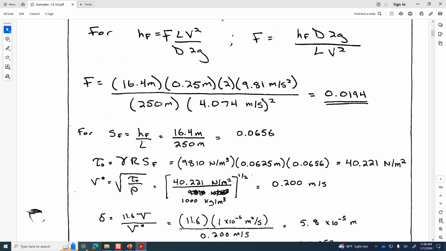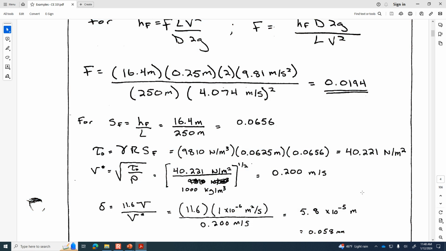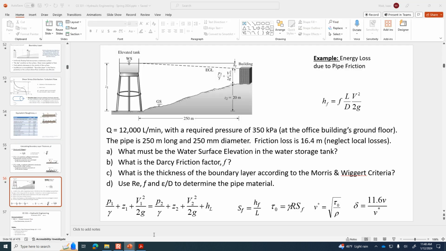And the Morrison-Wigert criteria says use this formula of 11.6 times the kinematic viscosity divided by the shear velocity. So it says that the thickness of the boundary layer is 5.8 times 10 to the minus fifth meters. So that's less than a millimeter, the thickness of the boundary layer. And that was the last thing, I think, that we were looking to do.